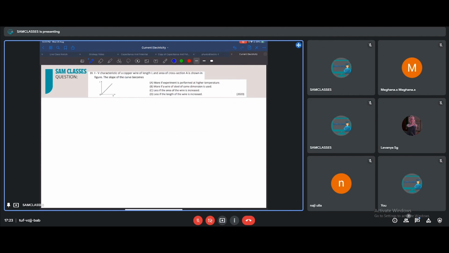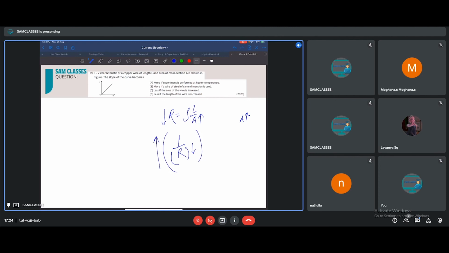So tell me the answers. See, I'll show you. Everybody wrote C. Less if the area of the wire is increased. So you know R is equal to rho L by A. If I increase the area of the wire, R has to be less. But here in this case, we're talking about 1 by R. So if I increase my area, R will decrease, but 1 by R, the total value, will increase.